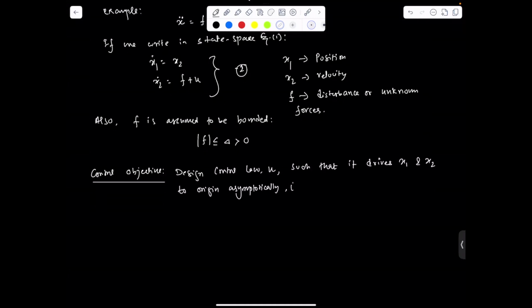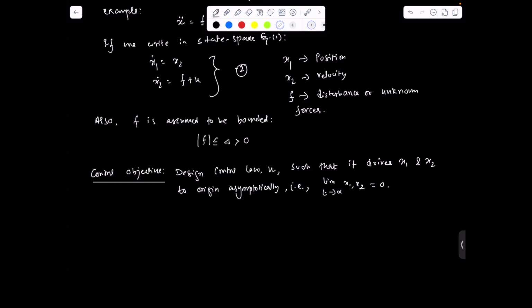That is, we can write limit t tends to infinity, x1, x2 goes to 0. So this is our mission objective, and we'll fulfill this design objective using sliding mode control.